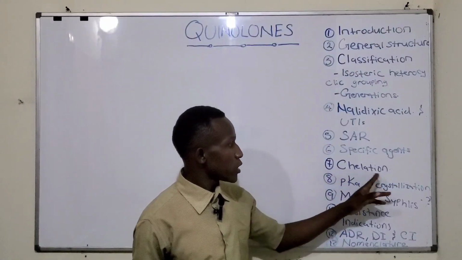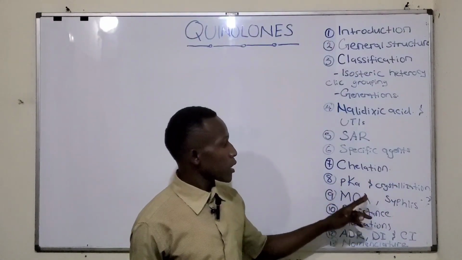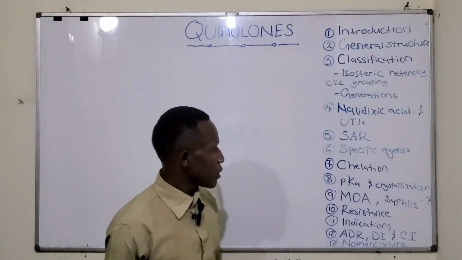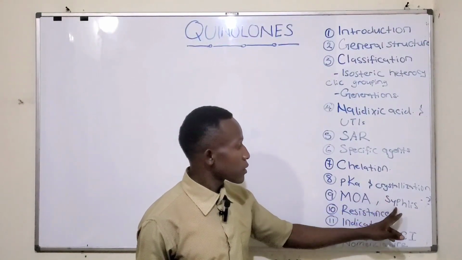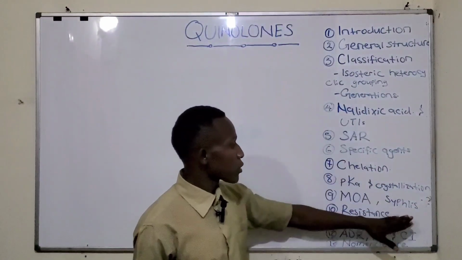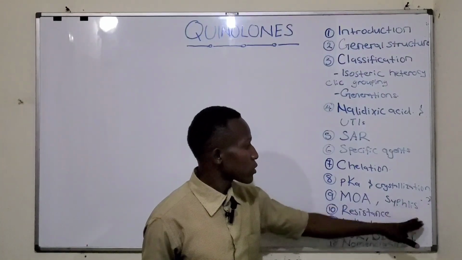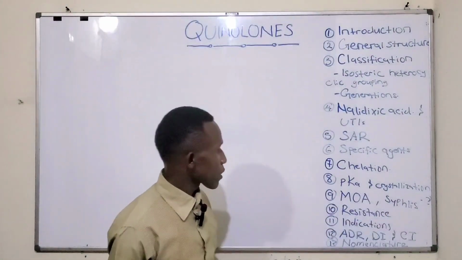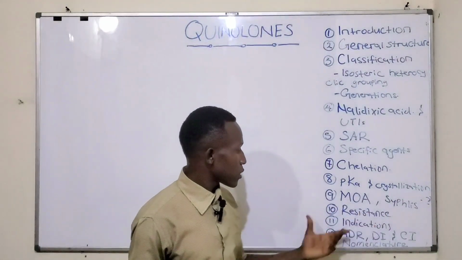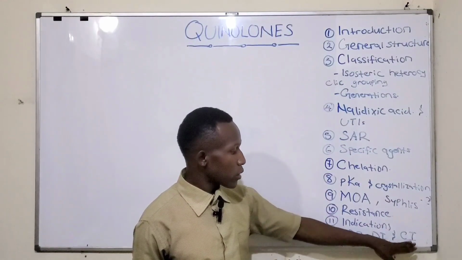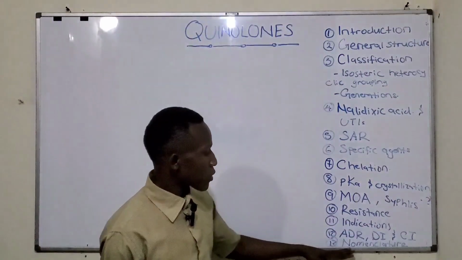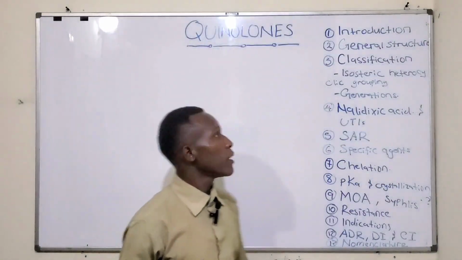We talk about the chelation, pKa, and crystallization. We talk about the mechanism of action and why these quinolones do not treat syphilis, resistance, indications, ADR, drug interactions, and contraindications. We talk about the nomenclature.